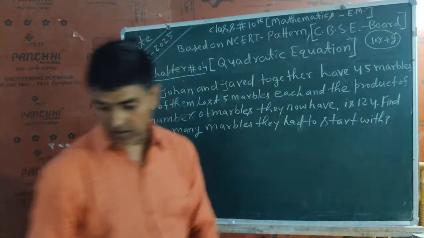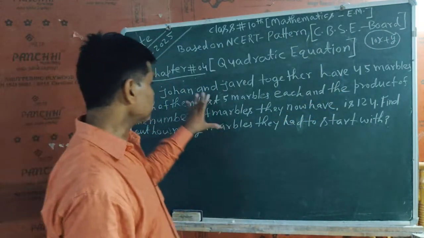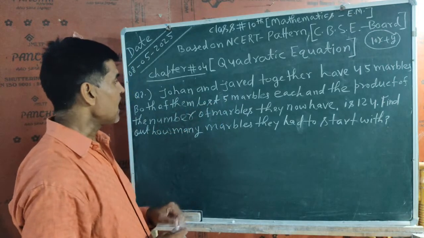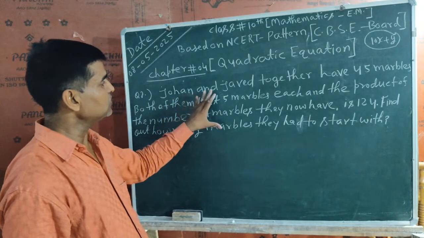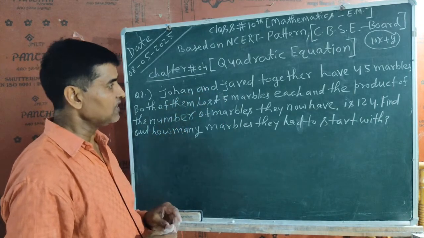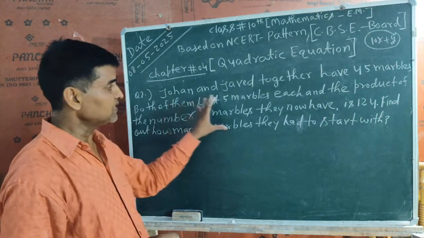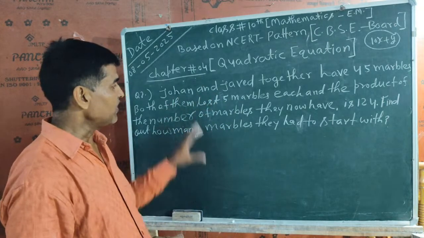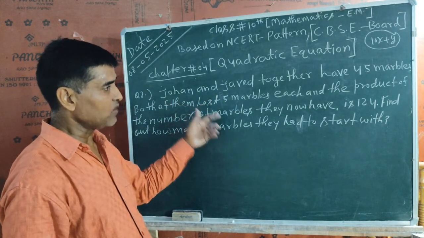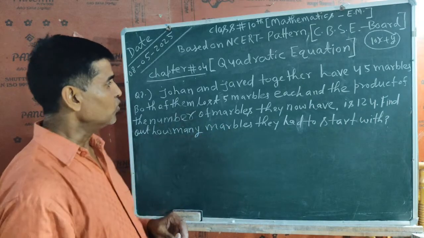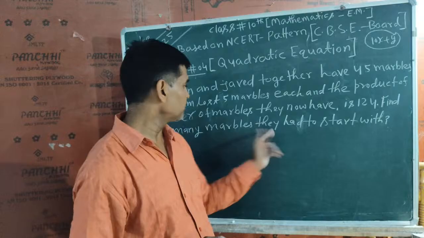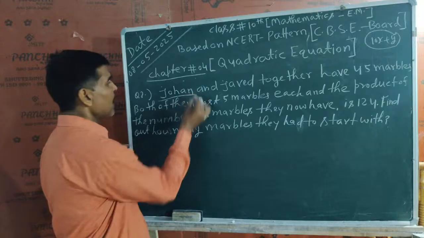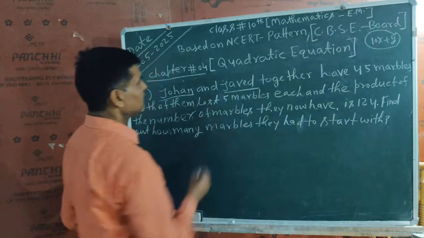Okay students, this is the question written in words, and we have to read this sentence clearly, and after reading it we will write the appropriate equation, and after writing the equation I will solve it. After solving we will find the marbles Johan had and also Javed had.